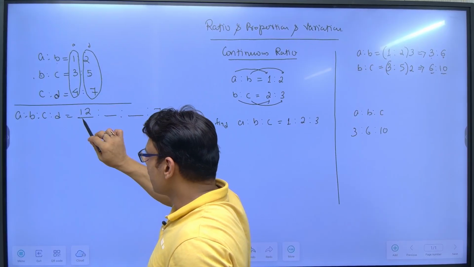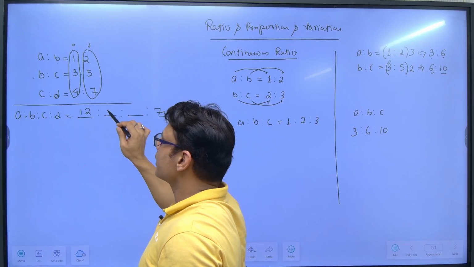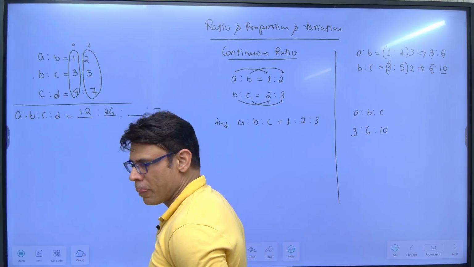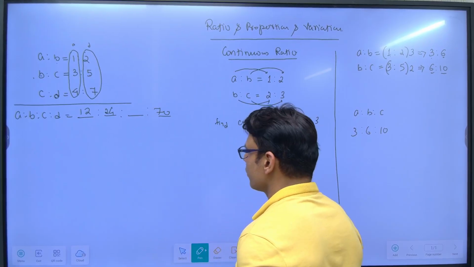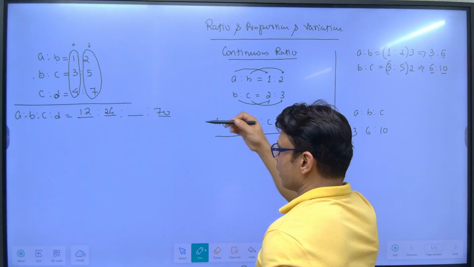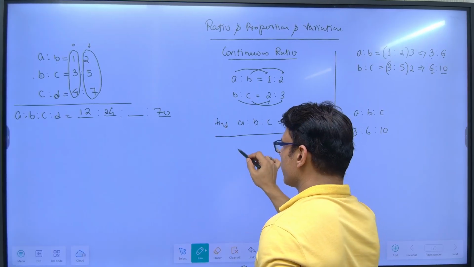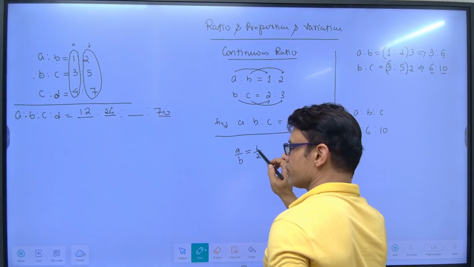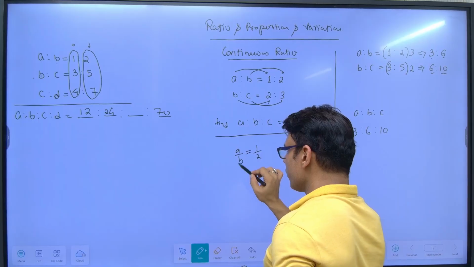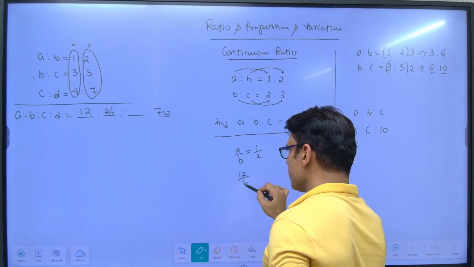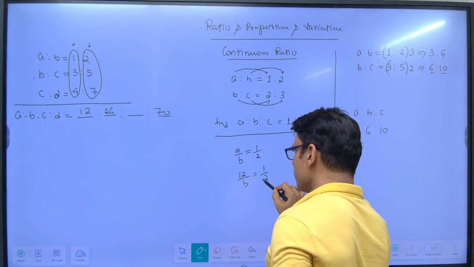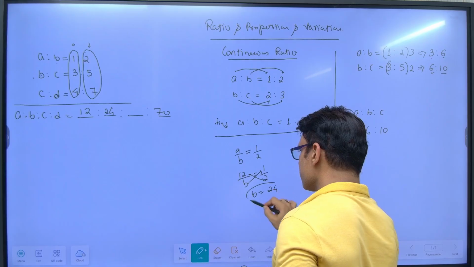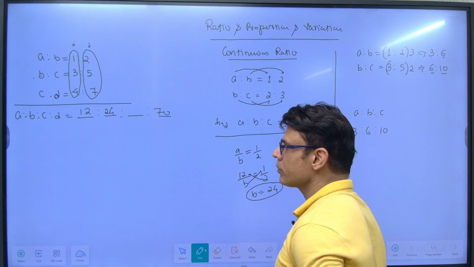On the actual scale, when A is 12, then B has to be 24. Suppose you don't know this, or you don't like this method. Then you write A is to B as 1 is to 2 originally. The value of A we have found is 12, so 12 by B is equal to 1 by 2. Cross multiply. So B is equal to how much? 24.